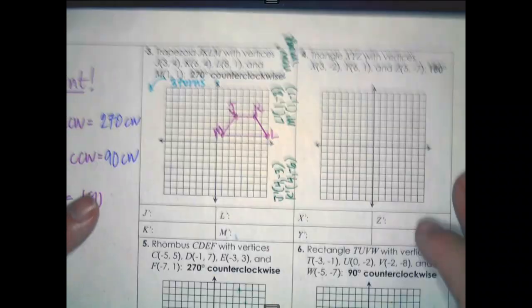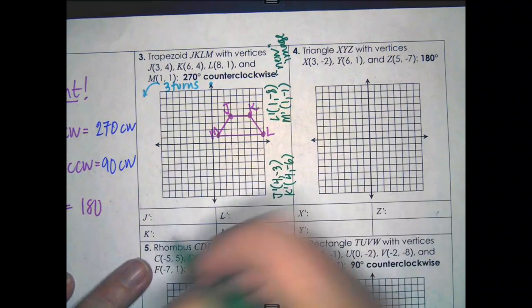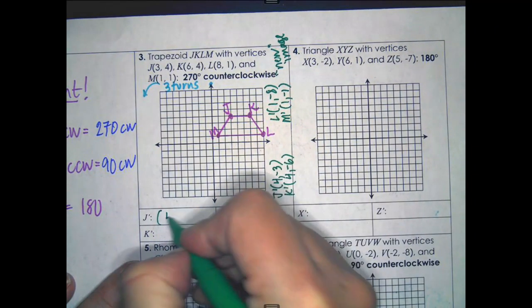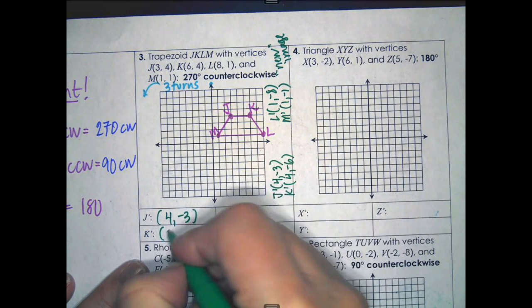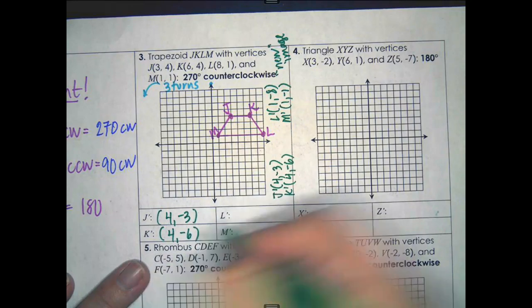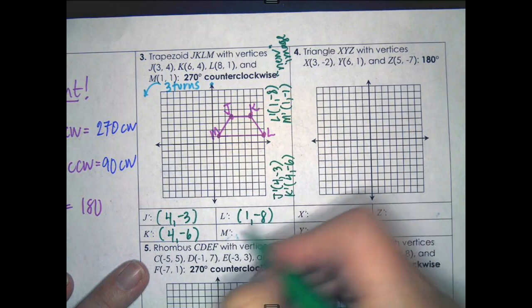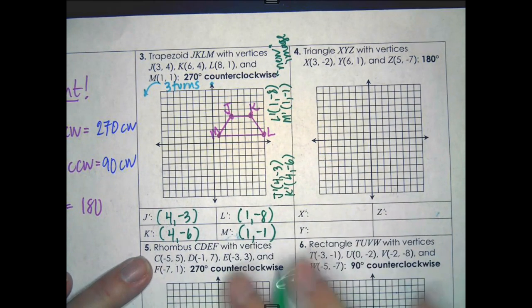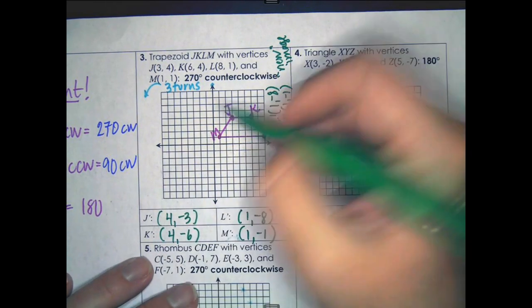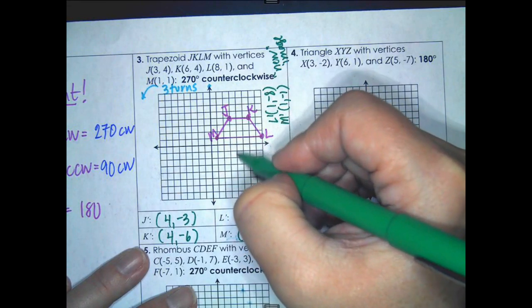Now we've got our points. Turn it back to the original position and plot your new points. So you can go ahead and either write these in, which I highly suggest just so it's easier to do. All right, and then once you got these, plot them on your thing. So got 4, negative 3, 1, 2, 3, 4, 1, 2, 3.